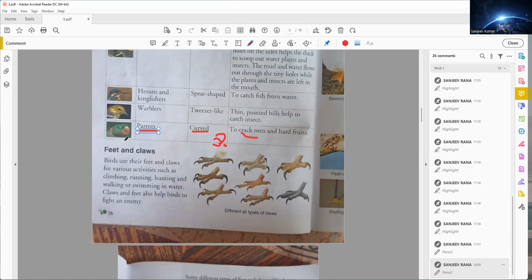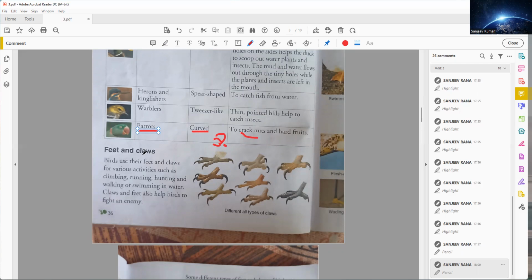If every bird is having a particular kind of food, it means they will have an advantage in their claws and feet also. Because in human beings, if one is an athlete who is running, they will have good strength in their legs.